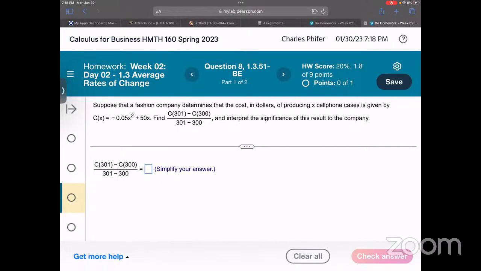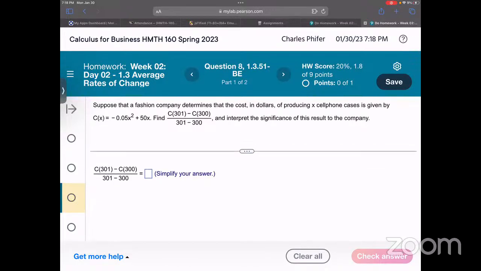Is this the right one with this cost function? Yes. And I know yours more than likely has different numbers. It says, suppose that a fashion company determines that the cost in dollars of producing x cell phone cases is given by this cost function. Find the average rate of change and interpret the significance of the results in the company, right? So this is basically telling us the slope as we go from the cost of producing 300 phone cases to the 301st.